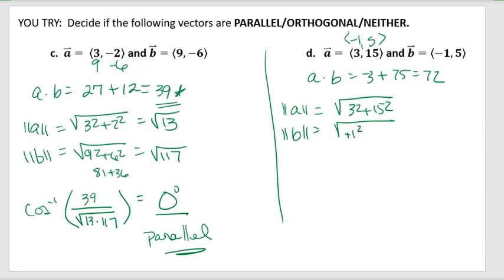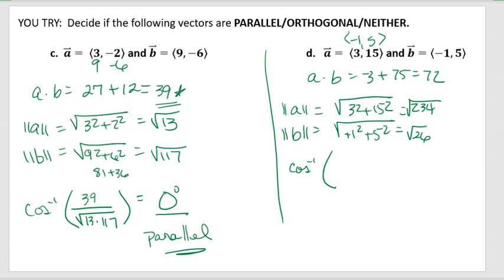We have -1 squared, let's make it +1 squared, plus 5 squared. 3 squared plus 15 squared equals 234. Square root of 234, and this is going to be 25 plus 1, 26, square root of 26.